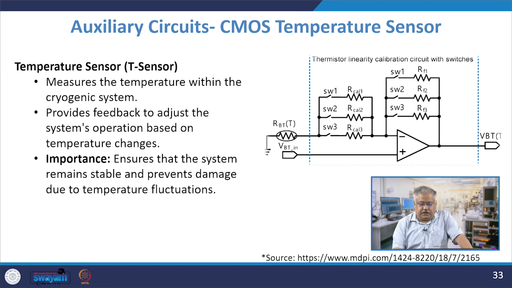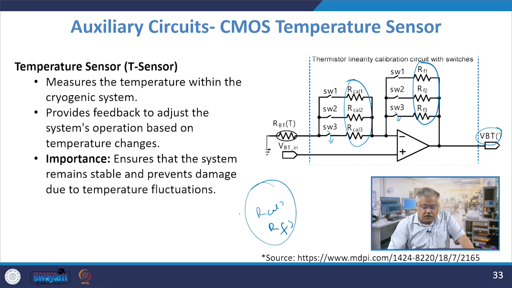The range of temperature will be given by this auxiliary unit, and primarily depending upon the value of these calibrated resistances which are shown here and the reference resistances RF1, RF2, RF3 shown here, you will get a typical value of VBT, the voltage at temperature T, and it will be fixed. So, when you say SW3 is switched on, R calibration 3 and RF3 get activated, and you will have some sort of an inverting amplifier in this case available to you.